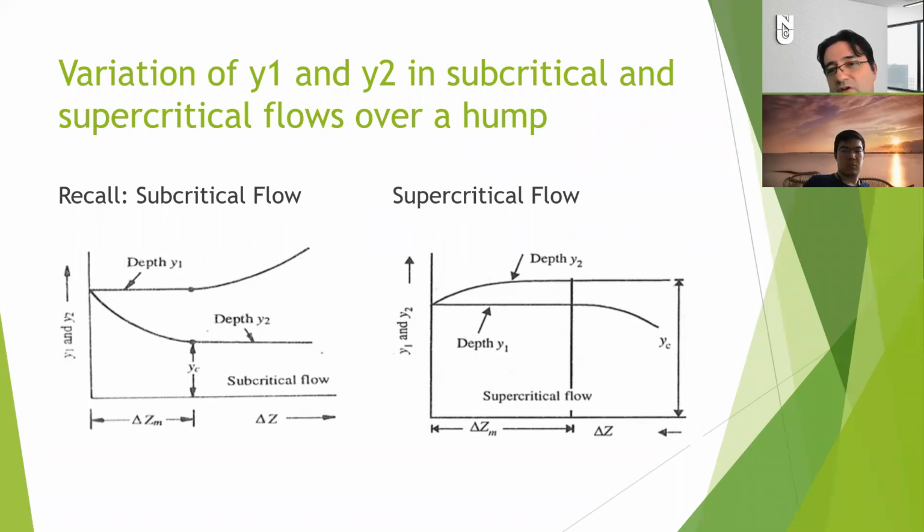So the depth closer to the hump, where the flow approaches it, will be higher than the original depth. This is an interesting case. I will explain.